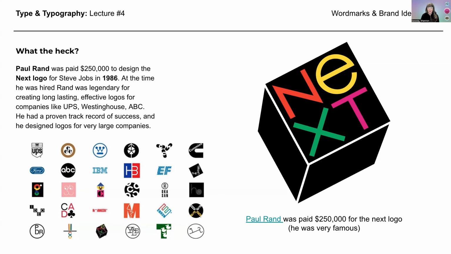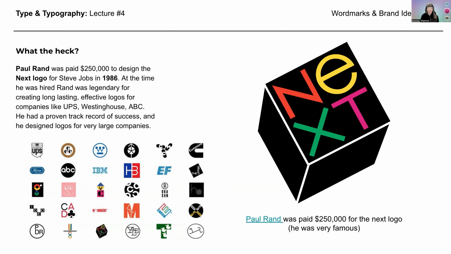So, very different scenario. Paul Rand is a brand design legend known for creating long-lasting, effective logos for companies like UPS, Westinghouse, ABC. He had a proven track record of success for the logos that he had designed for some very large companies. And Steve Jobs was well known as the founder of Apple.